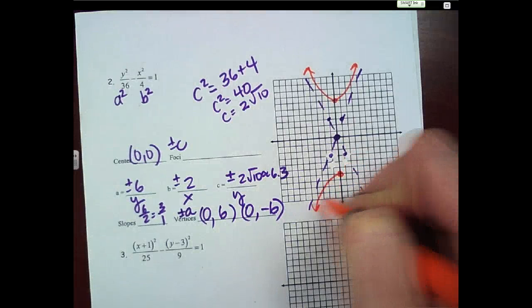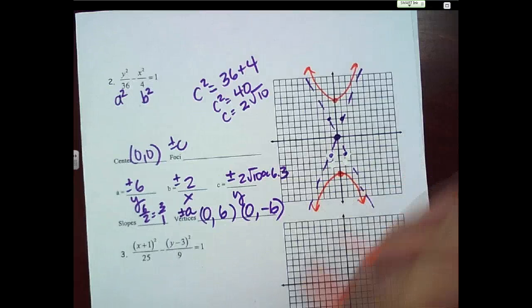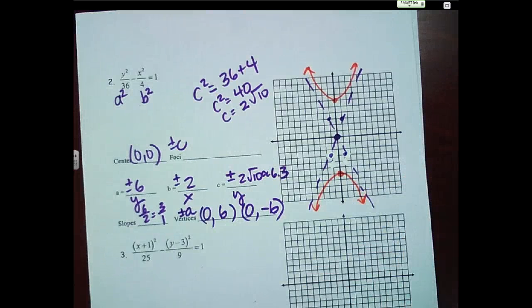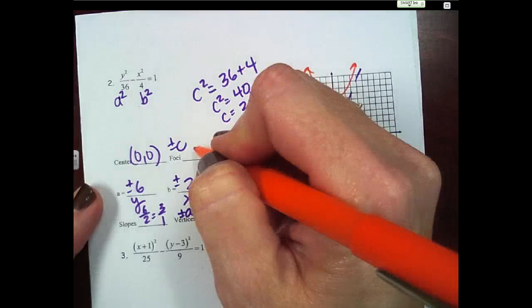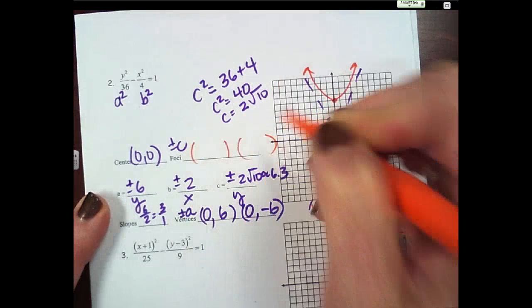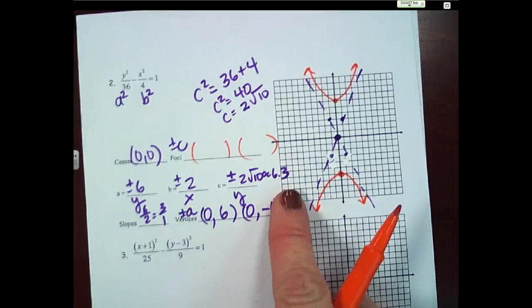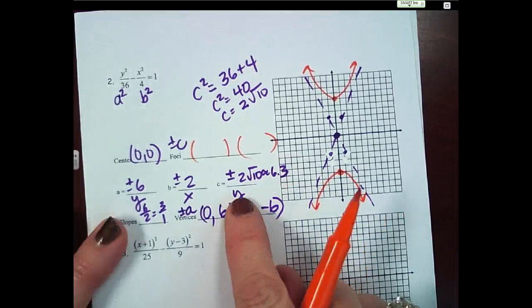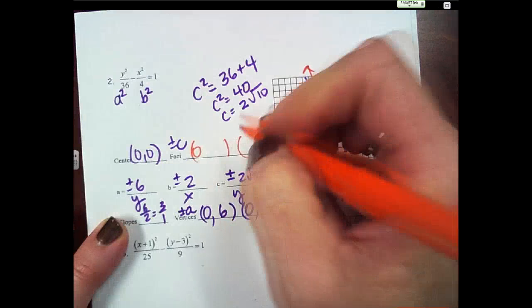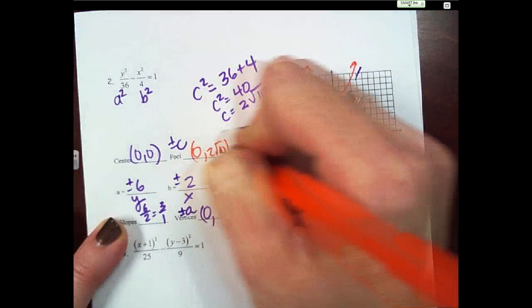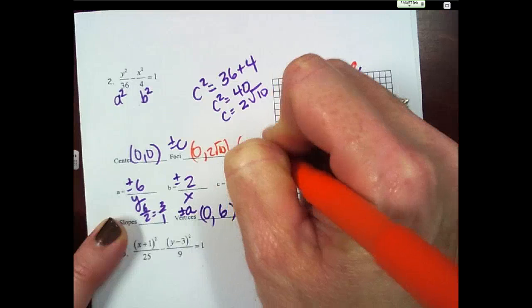But they want us to mark the foci as well. In other words, how far do they drag the foci out? The foci is C, so we went 6.3. So you're going to add 6.3 to the Y value. So 0, 2 root 10, and 0, negative 2 root 10.